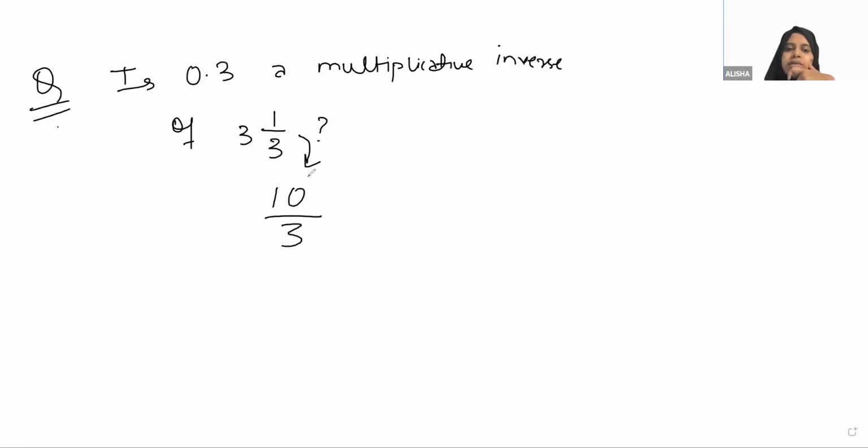Can you find the multiplicative inverse of 10 by 3? 3 by 10. Divide it. How will you divide?